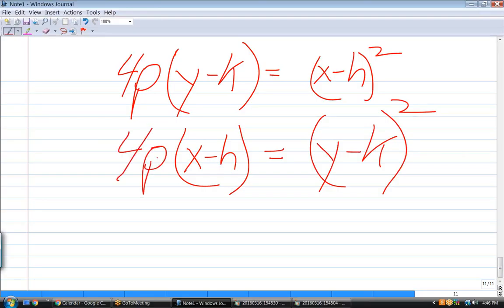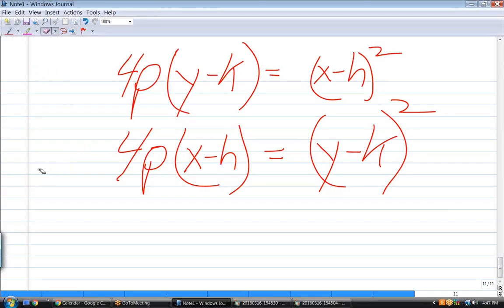Those are your two general formats for parabolas. And whatever polynomial they give you, you have to put it into this by completing the square and moving stuff around. And then whatever the coefficient is over here, divide it by 4, and you have p.